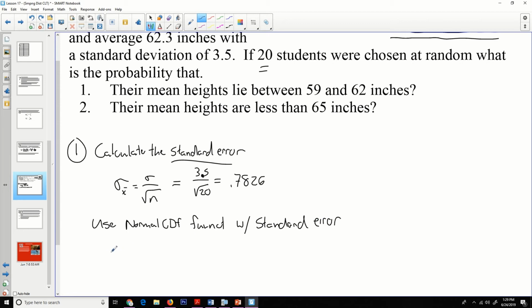So our answer here is going to be normal CDF, with lower bound 59, upper bound 62, the mean value 62.3, and then the standard error, not the standard deviation for this one, 0.7826.